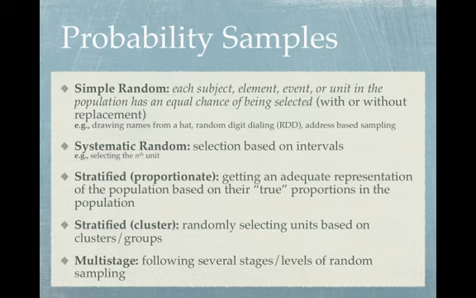Stratified samples has two types, either proportionate or cluster. Stratified proportionate samples means getting an adequate representation of the population based on their actual numbers, their actual representation or proportions in the population. So for example, if we want to pick a stratified proportionate sample of the American population, then we look at the census and we see the percentage.